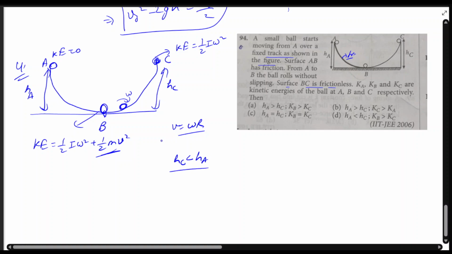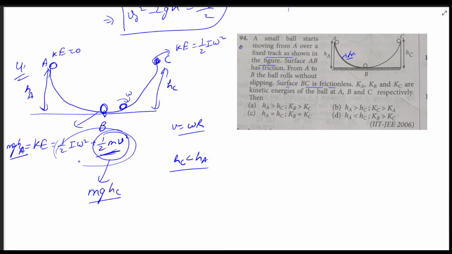Why? Because the total kinetic energy is given by mgHA. From this total kinetic energy, only half m v square is converted back to mgHC, right? So as mgHC is less than mgHA, HC must be less than HA. So option C is incorrect, and option D, HA is less than HC, is again incorrect.